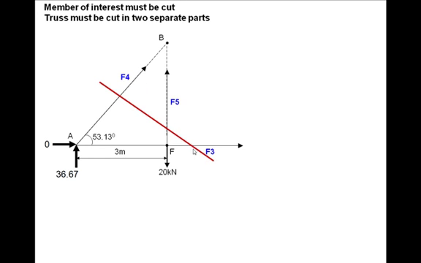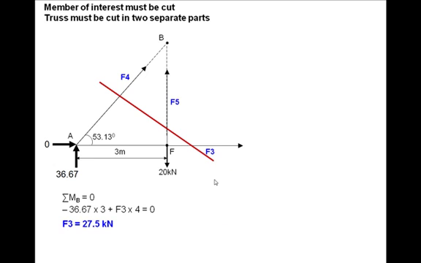I call these F4, F5, F3. Now if I wanted F3, I would take sigma MB equal to 0, moment about B equal to 0. What will I get? F4 and F5, in which I am not interested, are passing through B. So I'll get my F3 in a single equation: 36.67 into 3 clockwise plus F3 into 4 anti-clockwise. This height is 4, and I get my F3. Perfect.